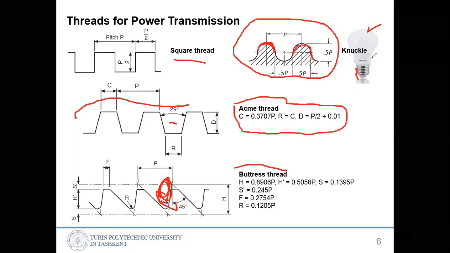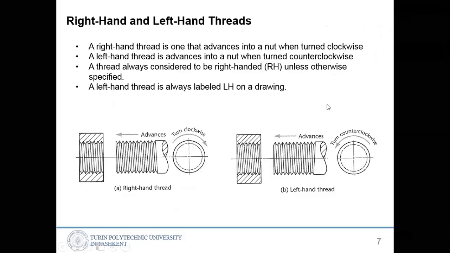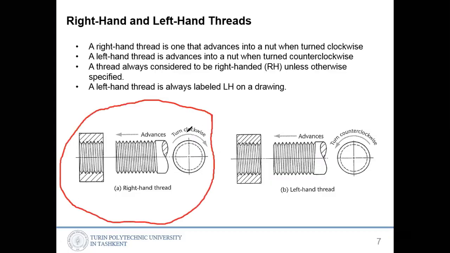And another slide. There are two types of threads, right hand threads and left hand threads. Here on the left hand side you can see a right hand thread. When you screw in this direction, this is an internal thread, and that is an external thread.